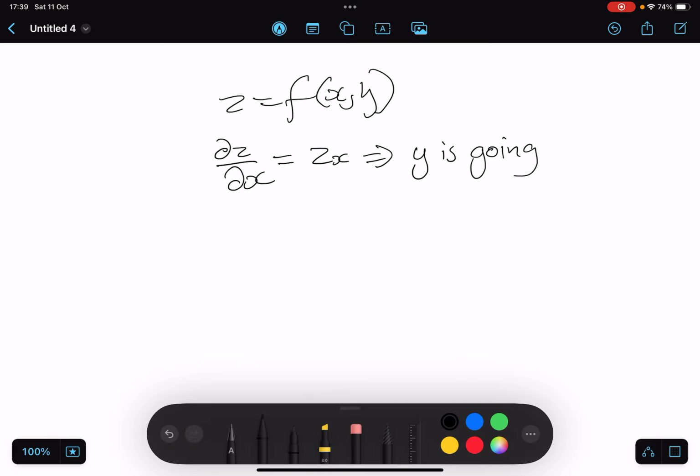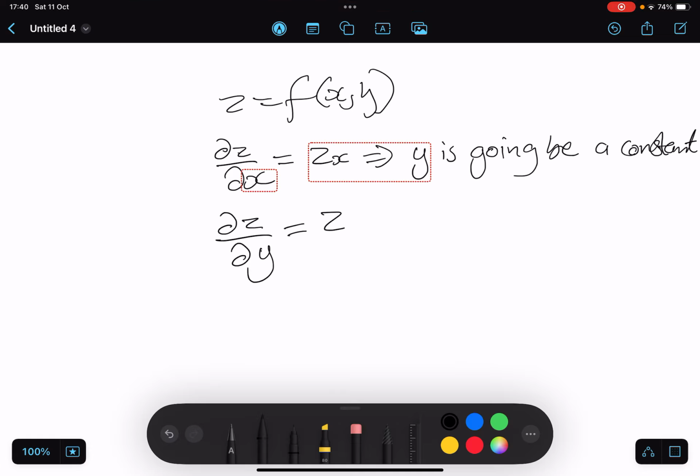When you're differentiating z with respect to x, y is treated as a constant. And again, when you're differentiating z with respect to y, we are going to have z subscript y, which means here x is a constant. Those are the major things you have to note when you're looking at partial derivatives, especially the notation.